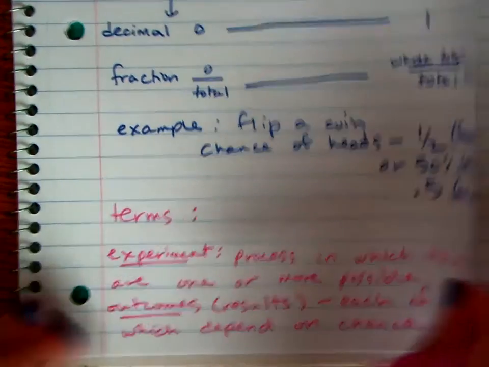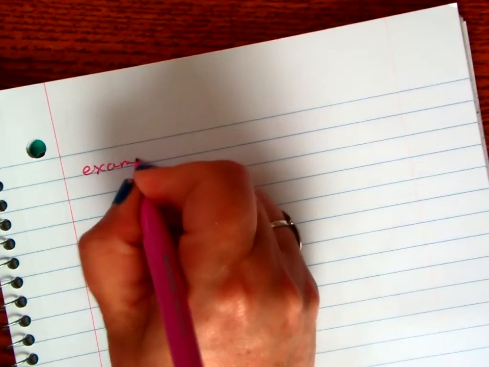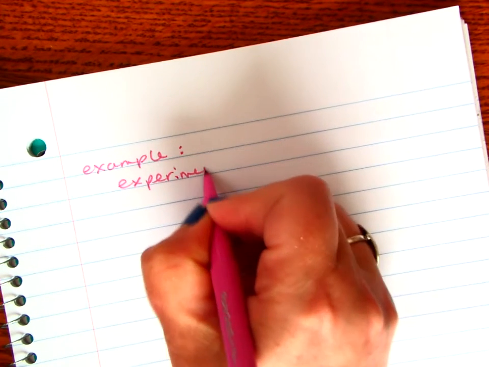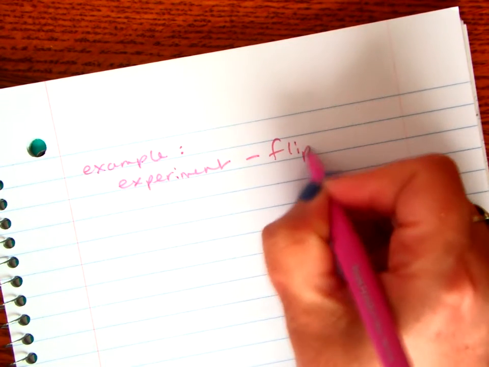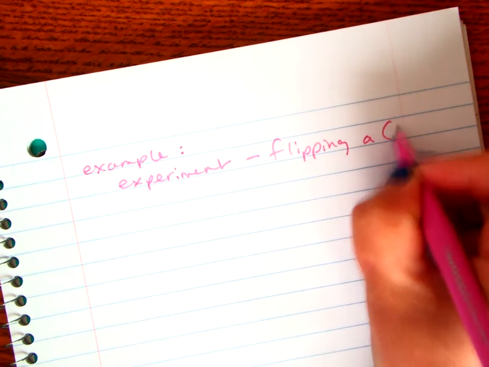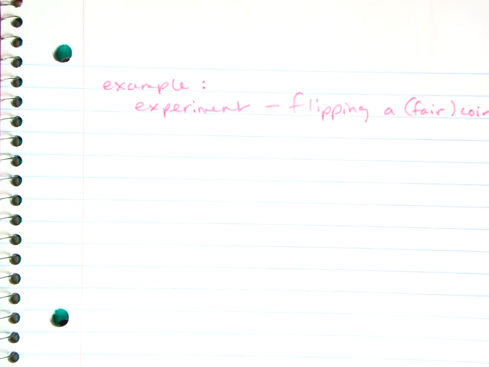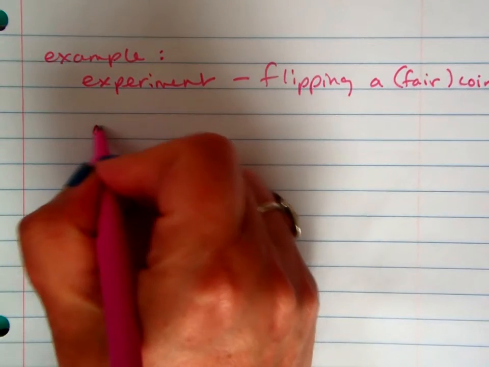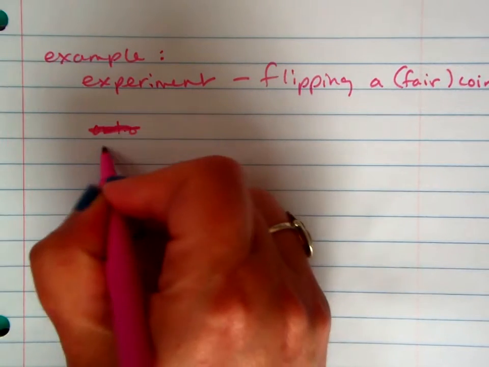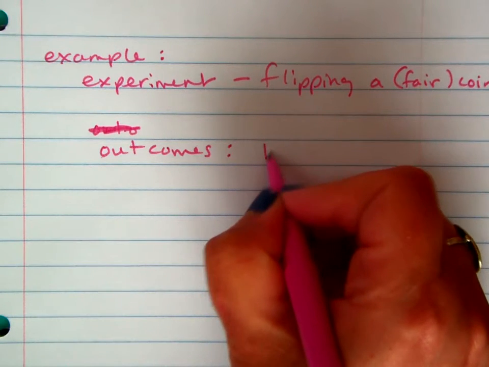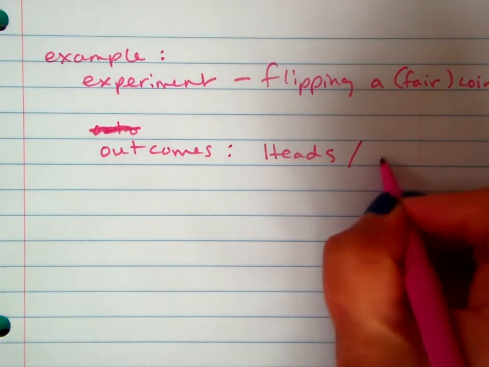Okay, so for example, the experiment could be flipping a fair coin. And if we are flipping a fair coin, then the outcomes will be either heads or tails.